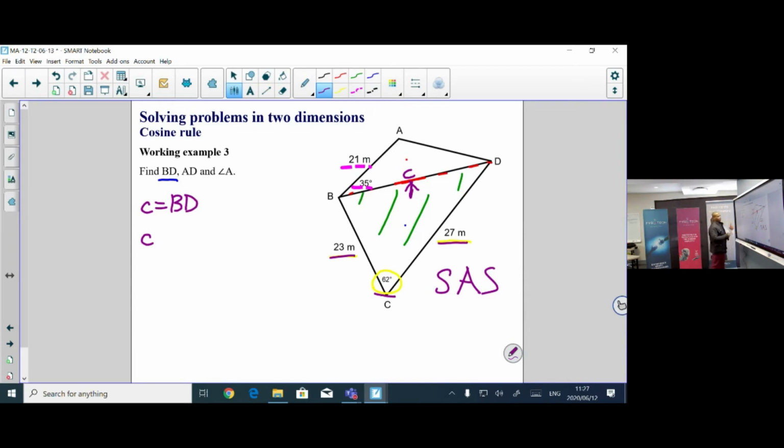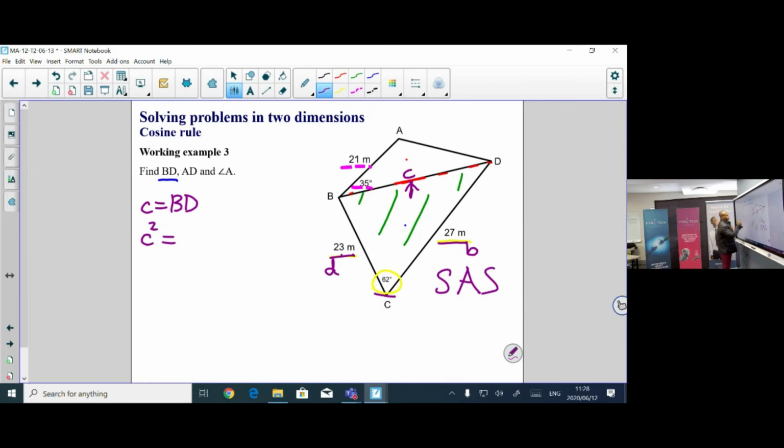So in doing that, I can say small c squared is equal to the other two sides that are given, let's call this one your small d, and this one your small b.